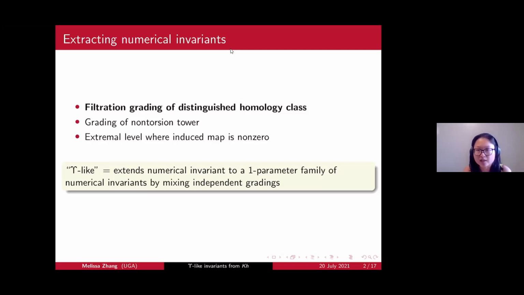So you're taking linear combinations of various gradings. We'll see a lot of examples throughout this talk, and my goal is to make it so that everyone understands what kinds of tricks you can play to get an Upsilon-like invariant. Right now, all I need you to think about is that you need multiple independent filtration gradings. Okay, so then it becomes a search for which grading should you use.